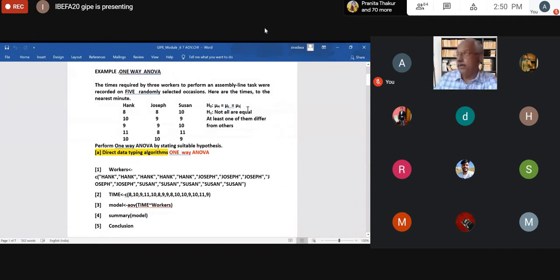H1 I cannot specify. Because if H0 is not true, at least one of the parameters will be different from the others.